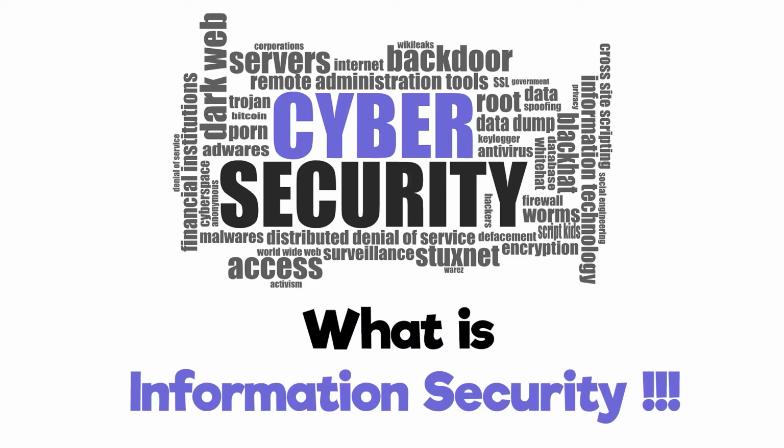Now, once we have defined information security, we are moving towards the overall understanding of the different aspects of security. Security is divided into certain subsections through which we can try to understand how we can enhance the overall security.